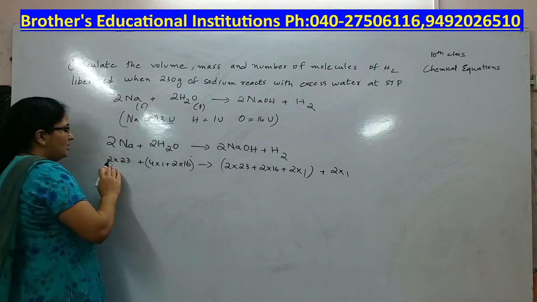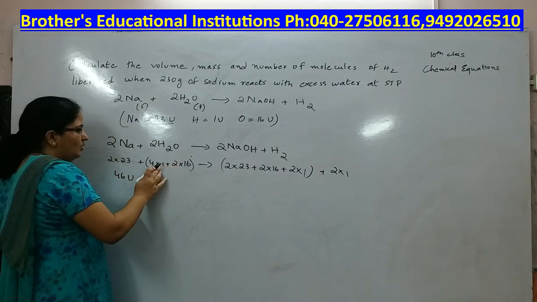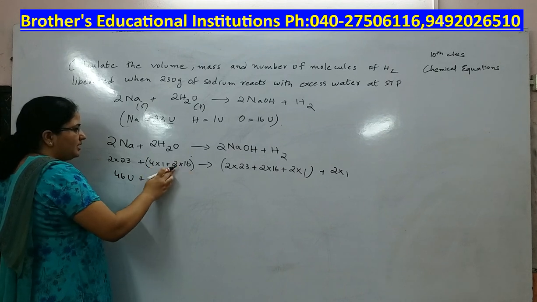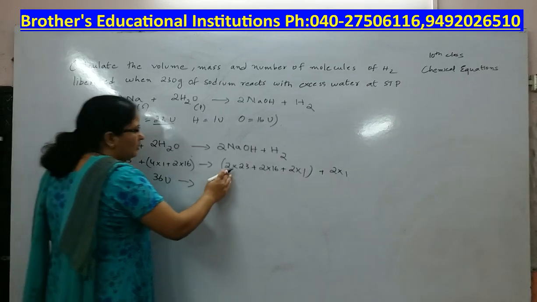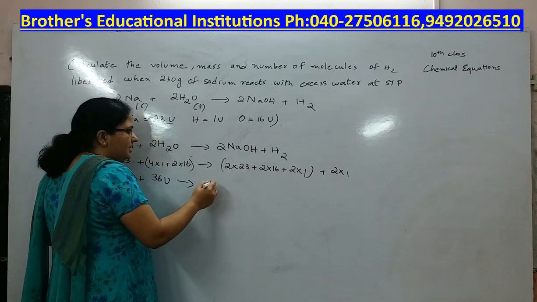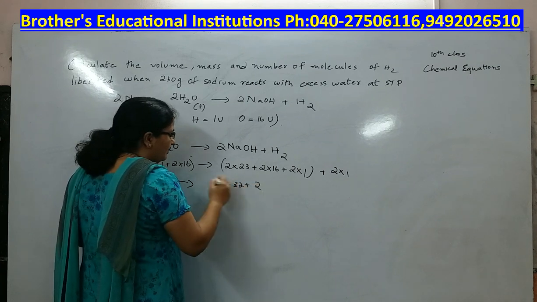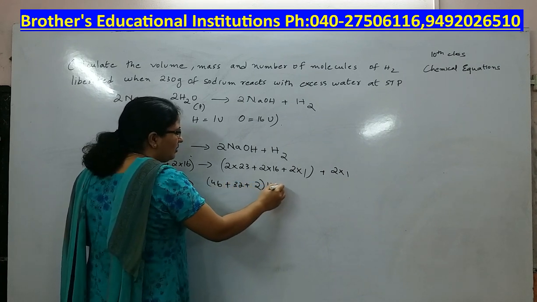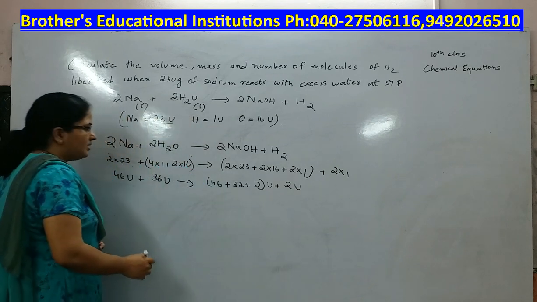2 into 23 is 46U plus 32 plus 4, 16 2s are 32 plus 4, 36U. 2 into 23, 46, plus 32 plus 2 units, 2 into 1, 2 atomic mass units.